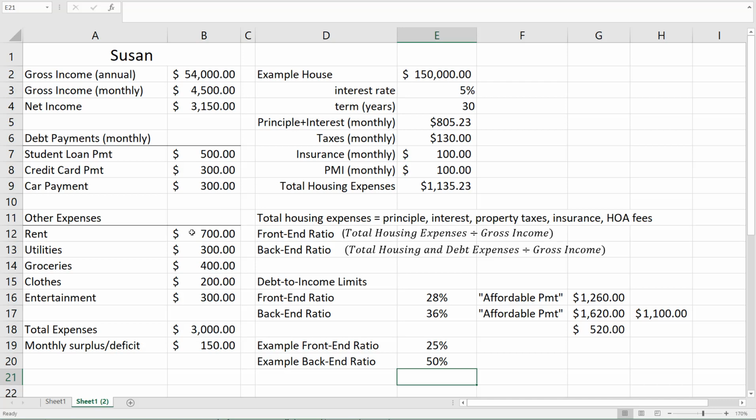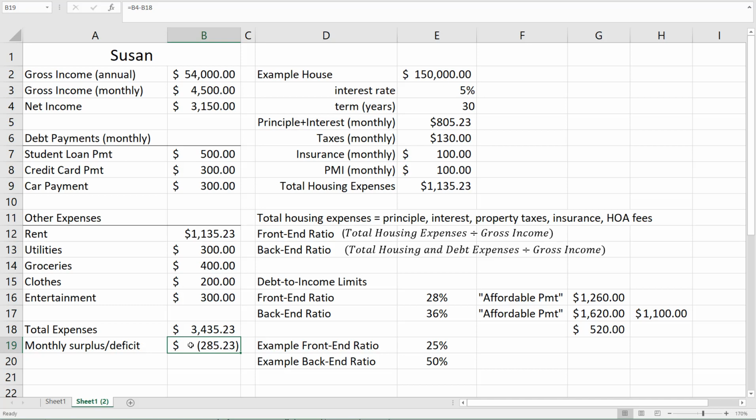So if we assume that she would not be paying rent anymore and we just plug in total housing expenses, for instance, let's see how that would affect her budget. So yeah, like we thought, the problem here is going to be that making that $1,135.23 housing expense every month, that's going to put her in the negative every month.